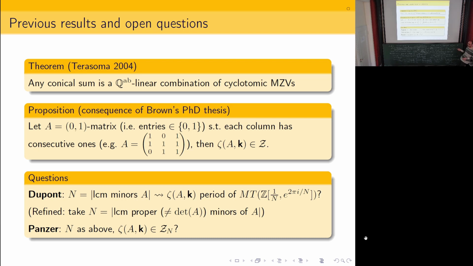But in general, it's expected to be strictly bigger than this. So this is always containing this. But I think, yeah. Okay. So this would be a stronger conjecture.